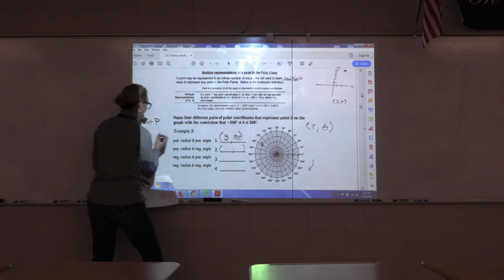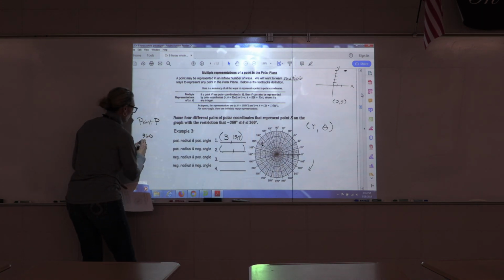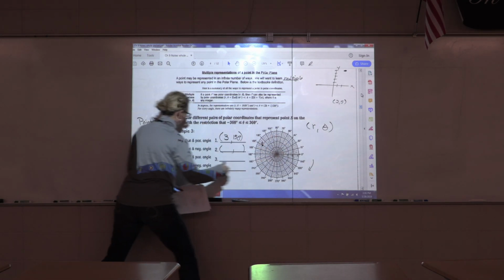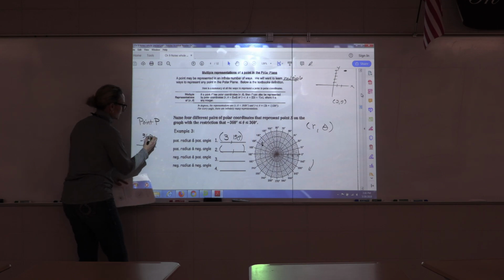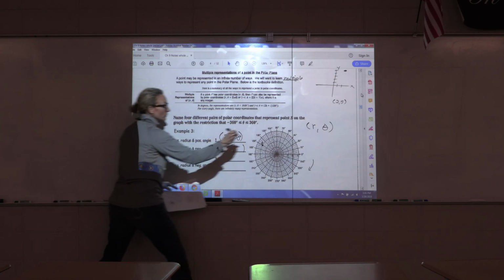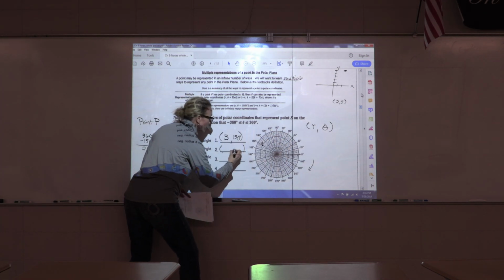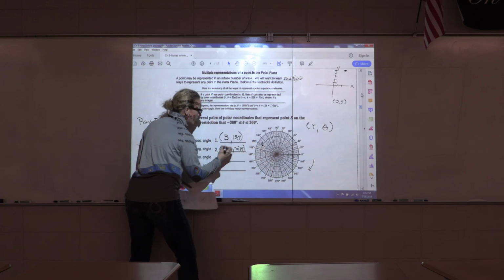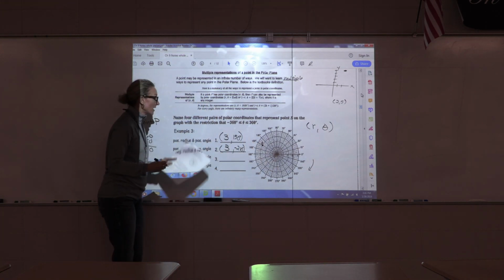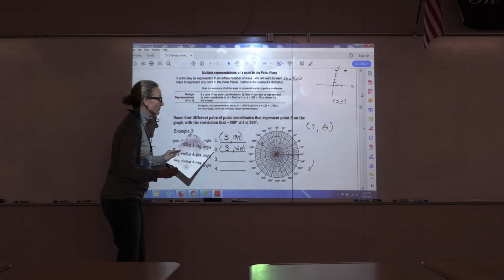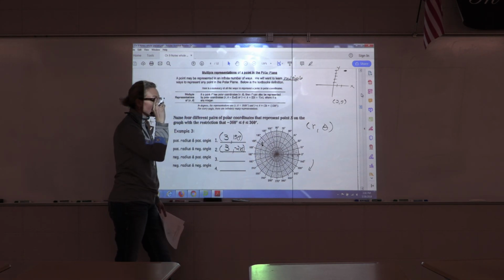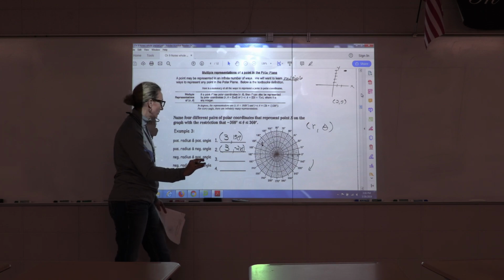Well, if you did 360 minus 150, because remember it was 150 positive this way, 360 minus 150 is 210. So we could say backwards, negative 210 degrees, but still out a positive radius of 3. Those two names of the point still land you at point S. Two different names, same location.